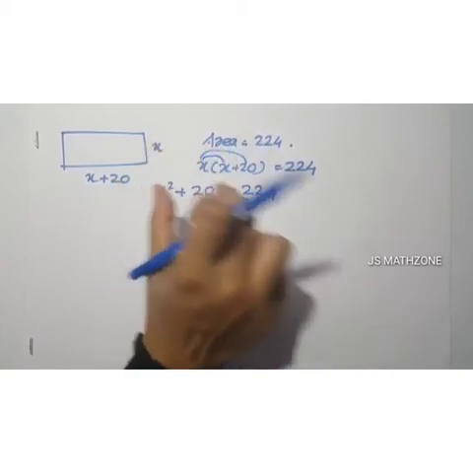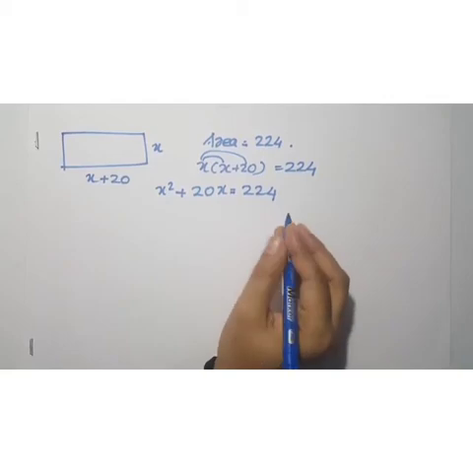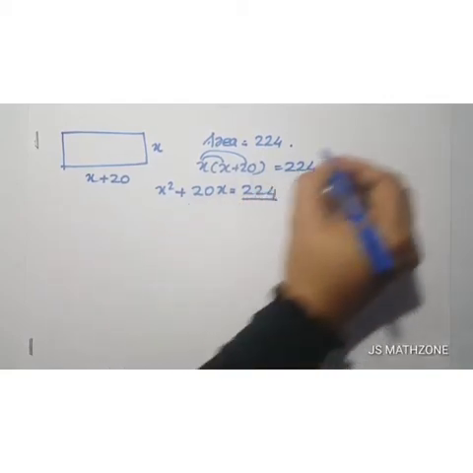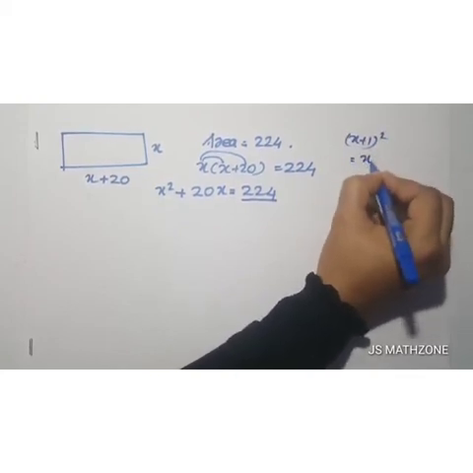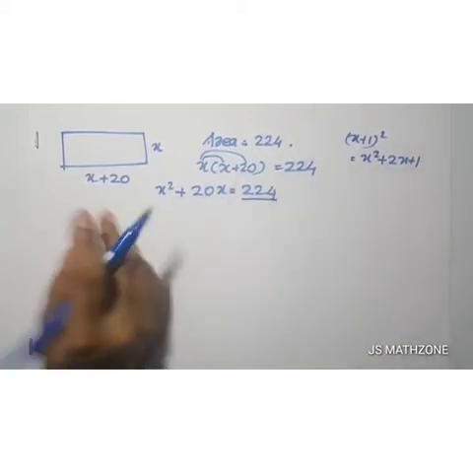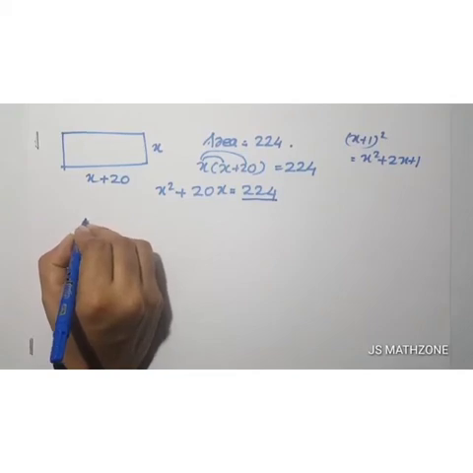Look at that expression. It is not square completed; there is no plus term. How do we complete the square? As we know, x plus 1 whole square is equal to x square plus 2x plus 1. We have x square plus 20x.